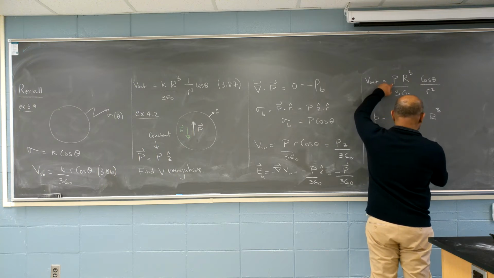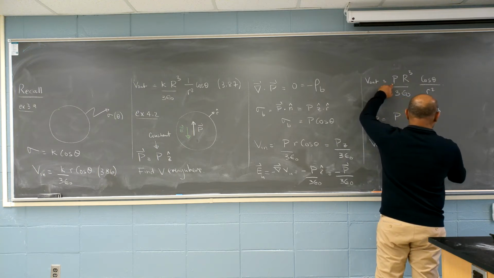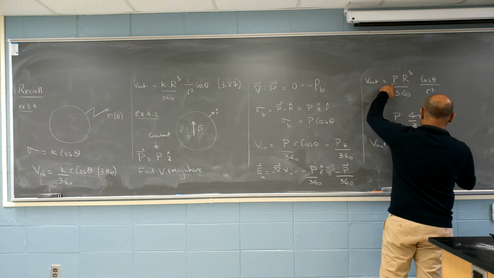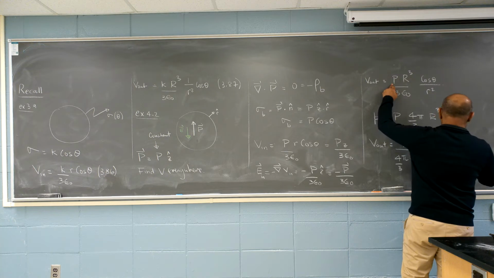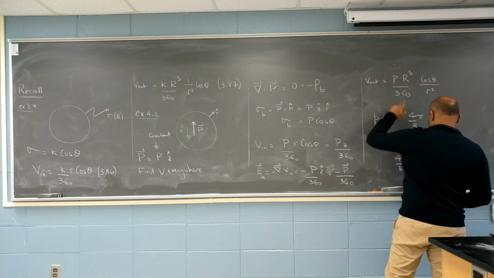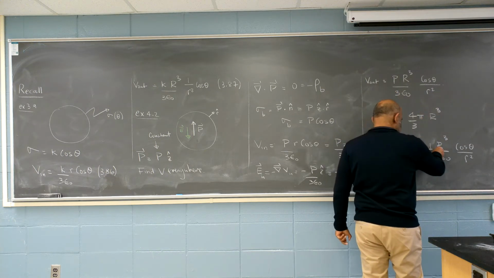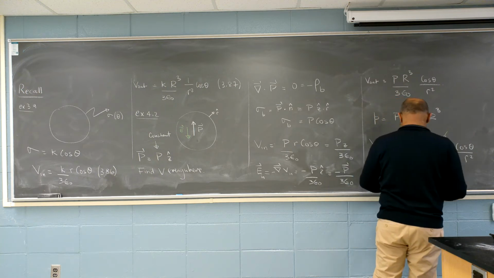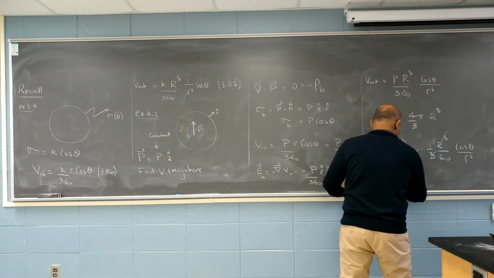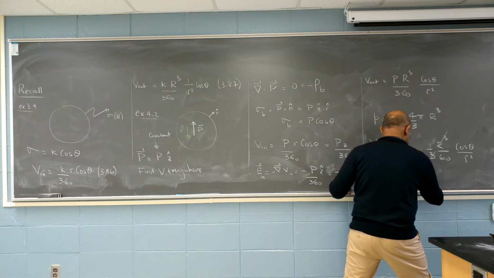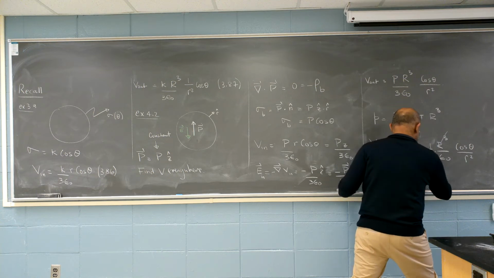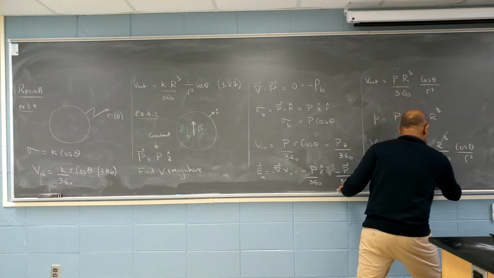That is this guy. Then I have 1/3 r cubed, I have epsilon naught cosine theta over r squared. A little bit of cancellation, and I get 1/4 pi epsilon naught p cosine theta over r squared.